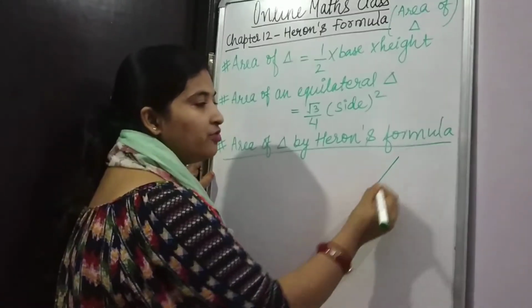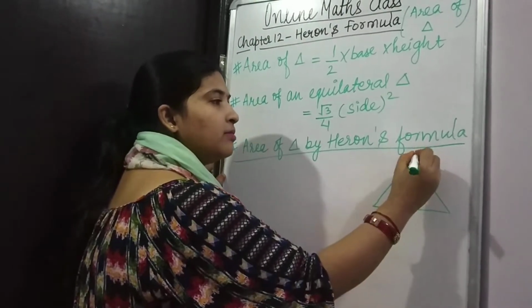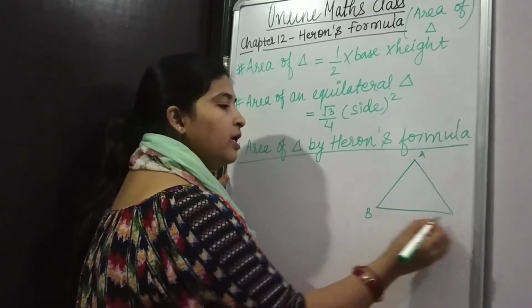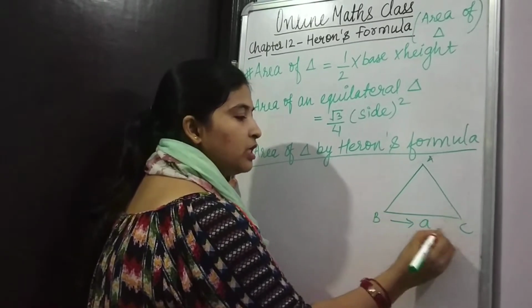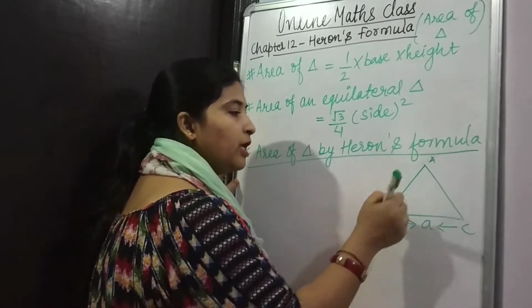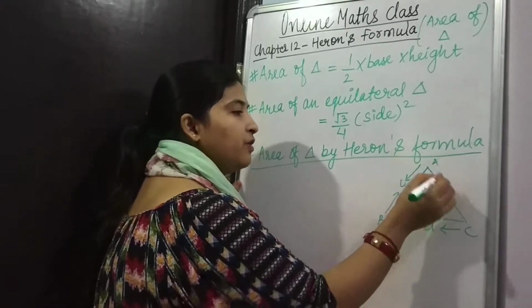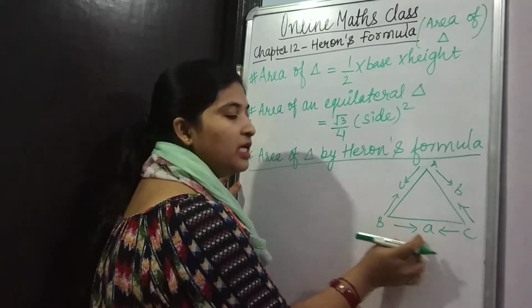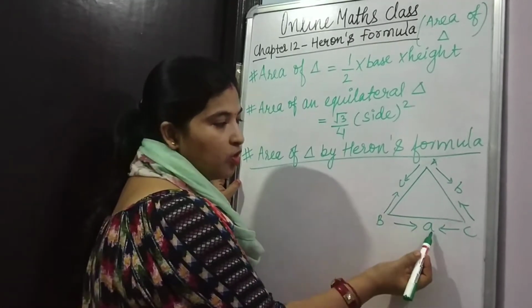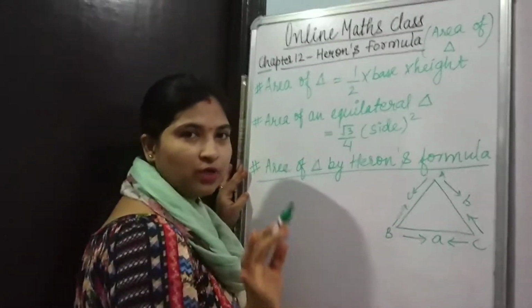Suppose I have a triangle ABC. The length of BC, the side opposite to A, is small a, the length of AB is small c, and the length of AC is small b. These are the lengths of the sides of the triangle.